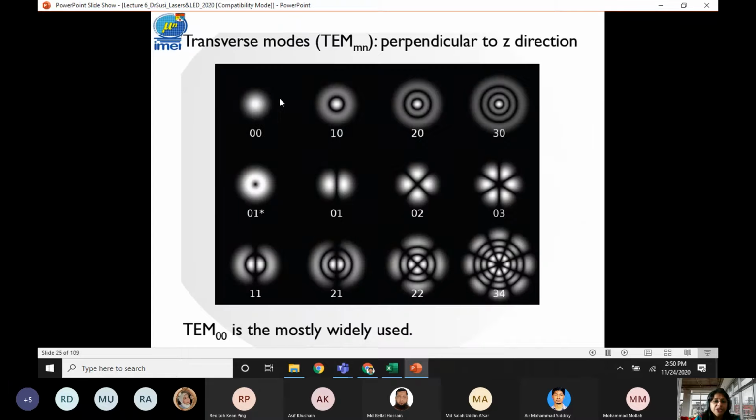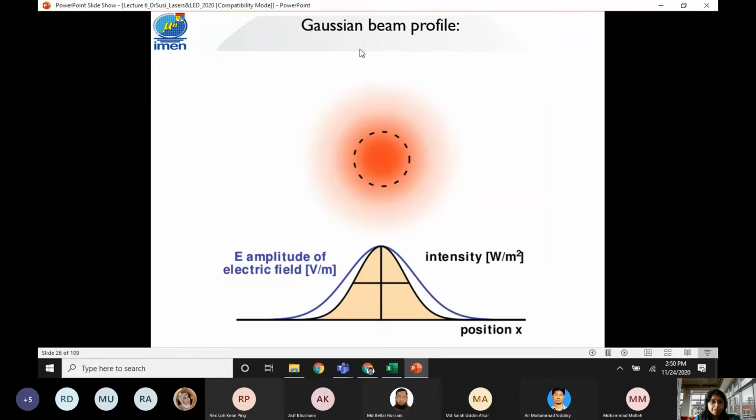And you can have a transverse mode. This is TEM 00, the basic mode for the laser. Other than that, we can also have other transverse modes depending on the application. But this is the most commonly and widely used, the TEM 00.